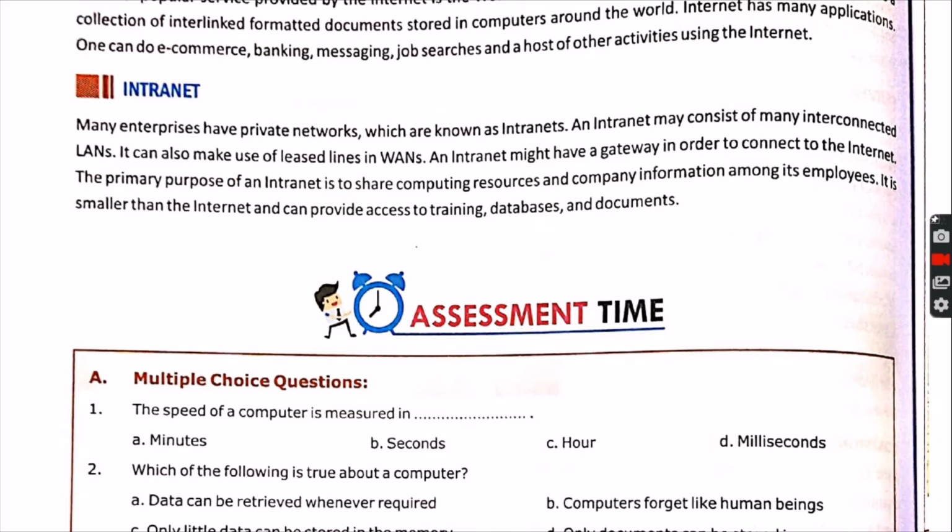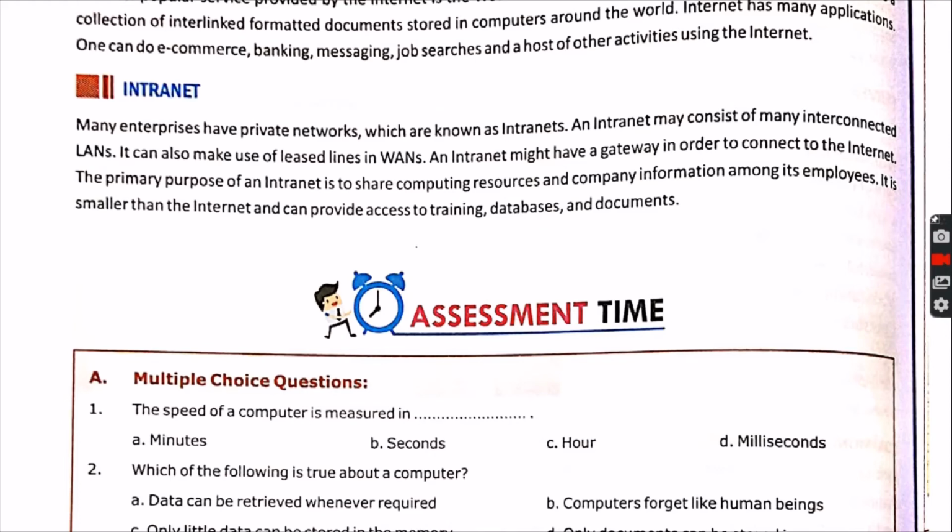So intranet is a small network which takes leased lines from WANs, means in www also some rent is taken from the individual or organization, and they use this to connect a small group of persons connected with the organization.